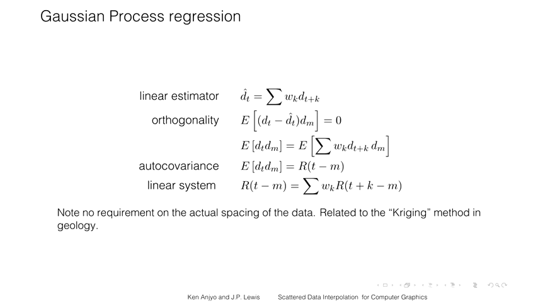And the autocovariance is something you can either measure from the data, or if you're an artist, you can invent one. Notice that there's no requirement on where the data is spaced. I called it T sub k, which implies k is an integer, but it doesn't need to be an integer. It can be anything.